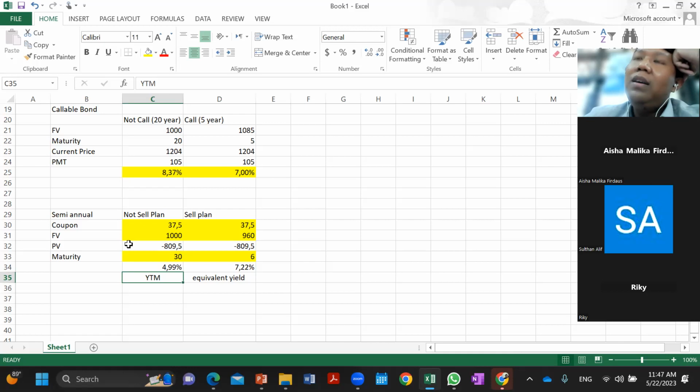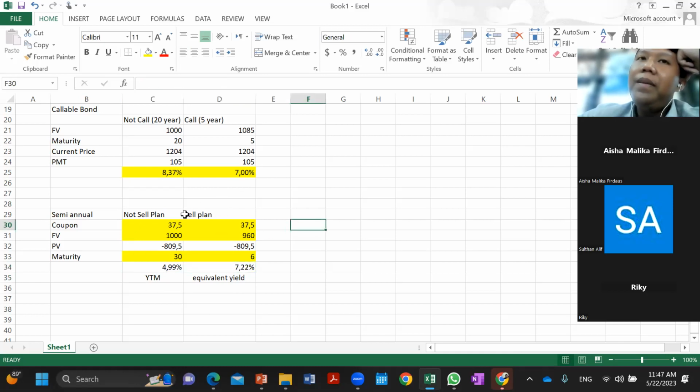Let's say I have an accident, or things going on in life, and I have to get some cash. I need to sell my bond, right? I cannot hold it until maturity, until 15 years. I will only hold it for 3 years because suddenly I need some money. So this is what we need to consider.